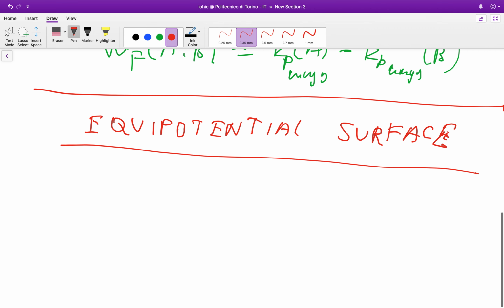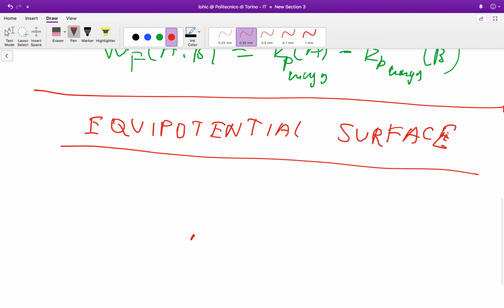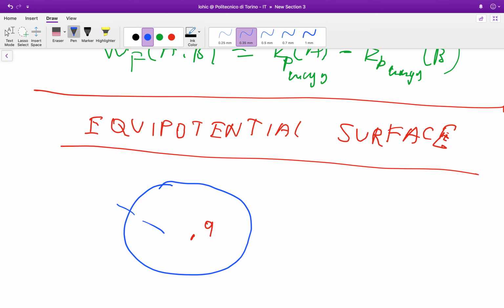Suppose, guys, I put my charge Q here. If I draw something like a sphere around Q, look, all these points on this sphere, what is the distance of all these points from Q?